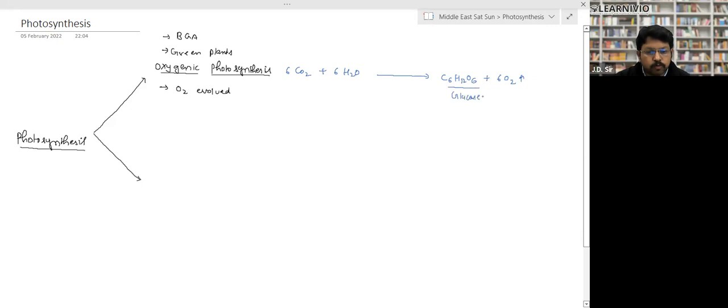And what else is required? Chlorophyll is required, and the second thing, light is required. And some enzymes are required; this is an enzyme-mediated reaction, hence enzymes are required.